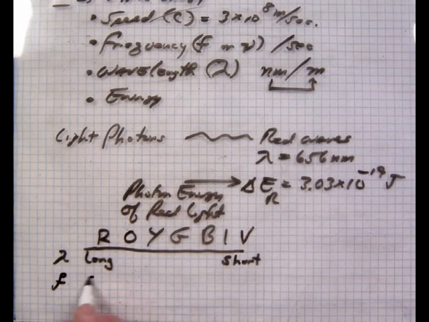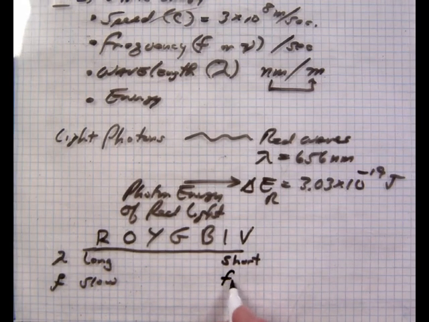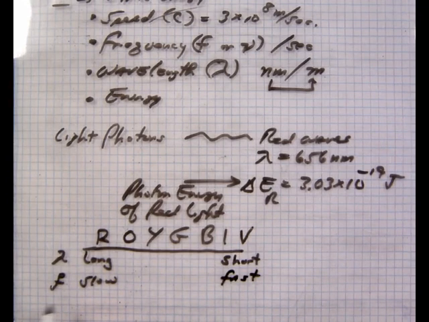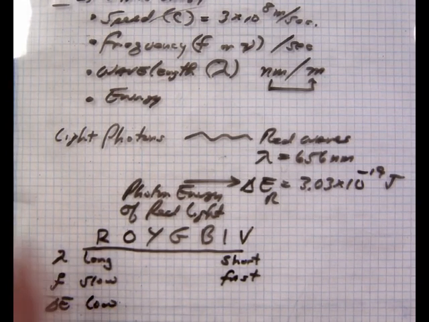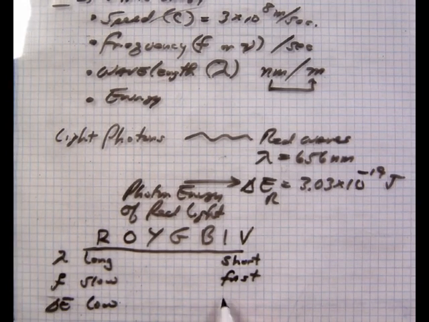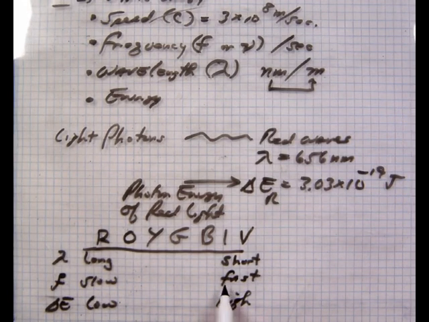Frequency: low, slow frequencies on the red end with not much energy, and fast vibrations on the violet end. Energy is low on the red end and high on the violet end. So you're increasing energy from left to right, frequencies are going faster from left to right, and the wavelengths are getting shorter from left to right.